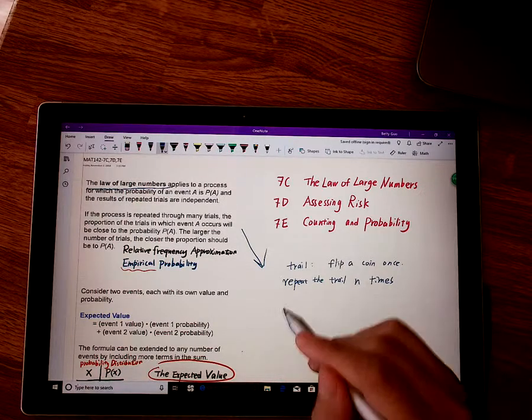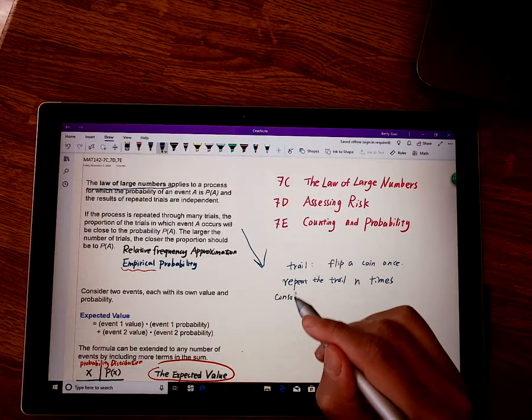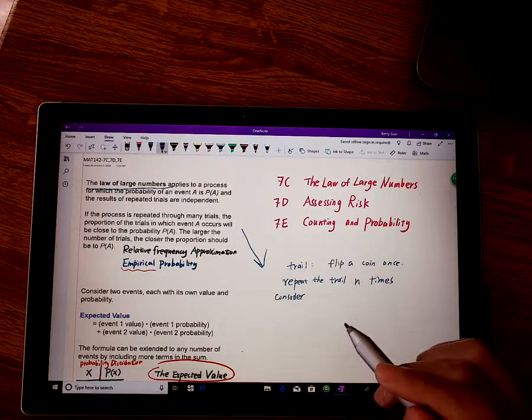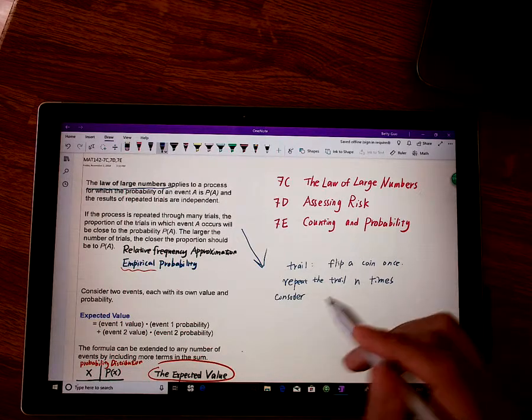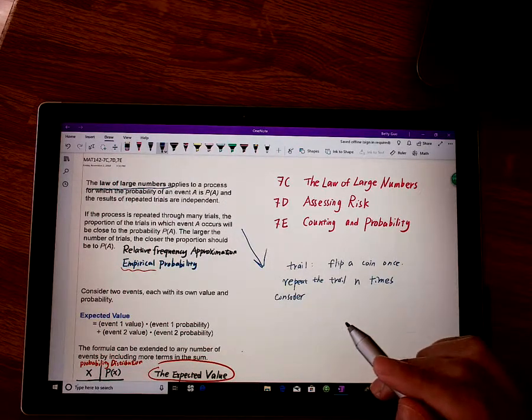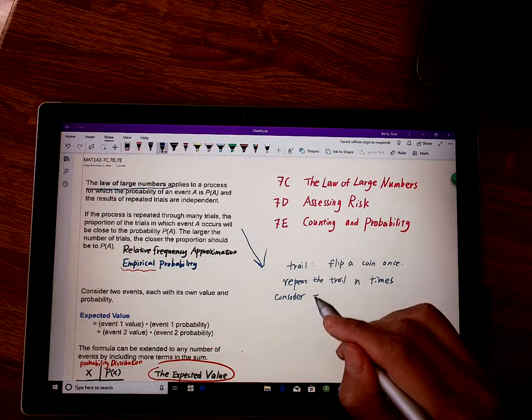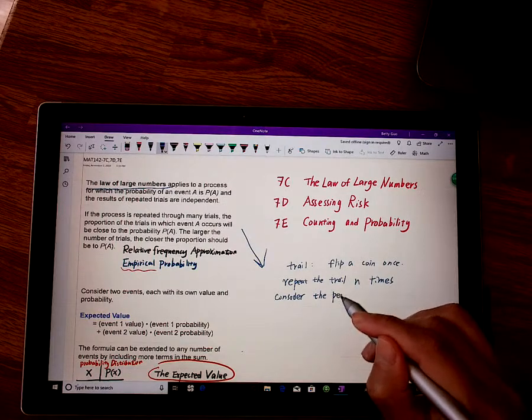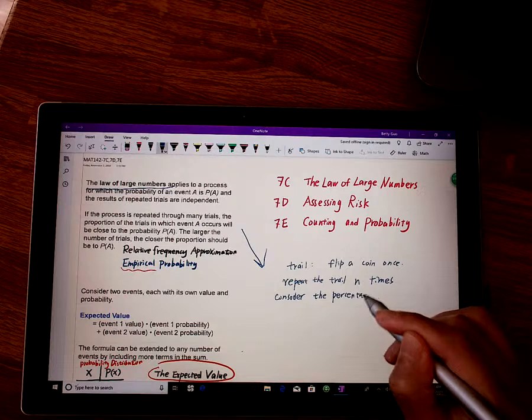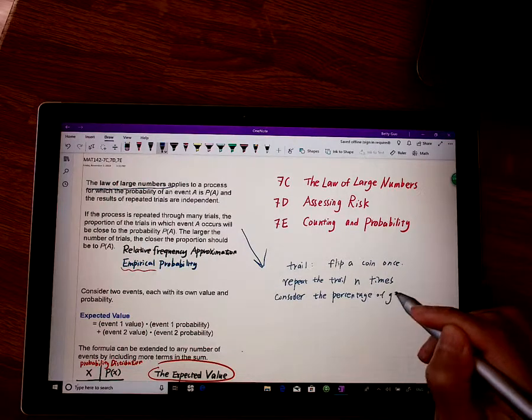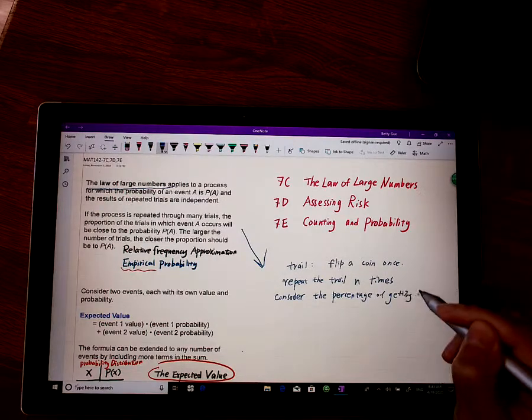And we consider the proportion, or the percentage, of getting a head.